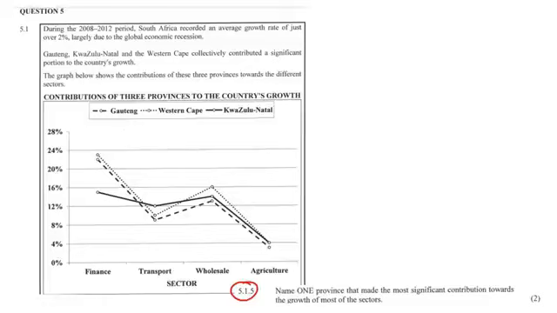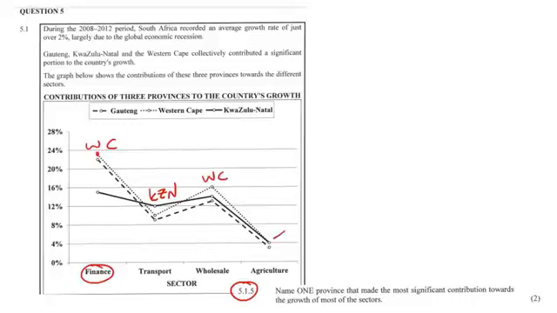So, okay, so we see with finance, who's the largest contributor? It's the Western Cape. Okay, you can see it's the highest. If you look at transport, who's the highest? Gauteng. No, KwaZulu-Natal, sorry. So KZN is the highest over here. The Western Cape is the highest over here. If you look at wholesale, the Western Cape is the top over there.